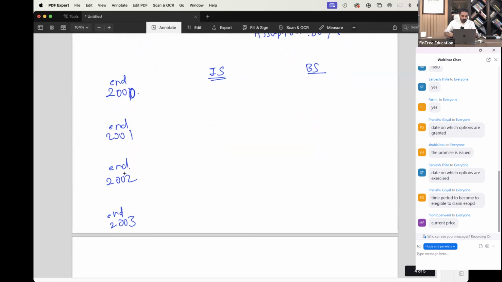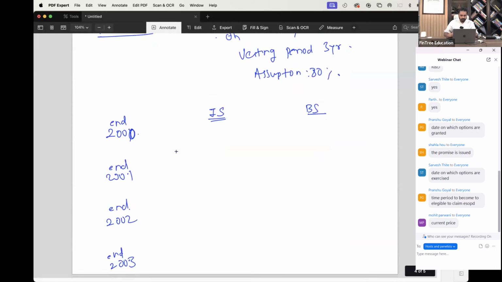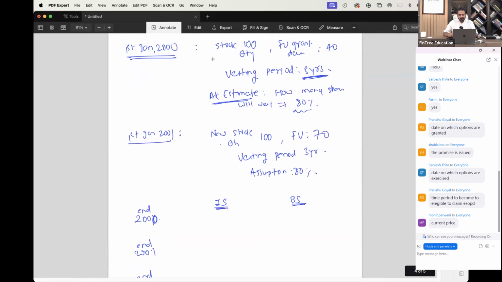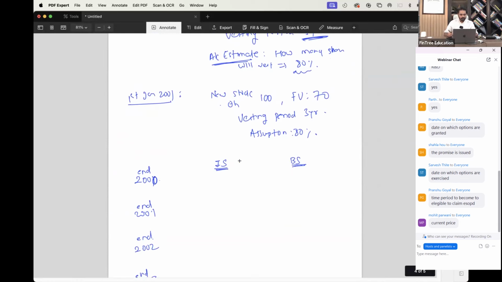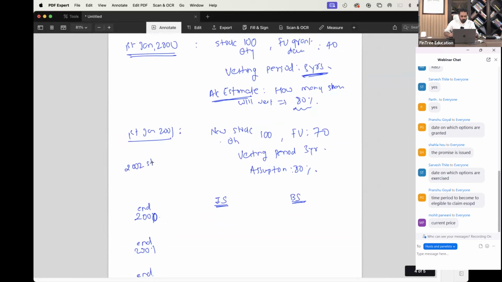Fair enough. This is good enough. I want you to do accounting on income statement and on balance sheet for this stock grant. Let me give you some more information you might need. 2002 stock price at year end is 90, and end of 2003 stock price is 110.